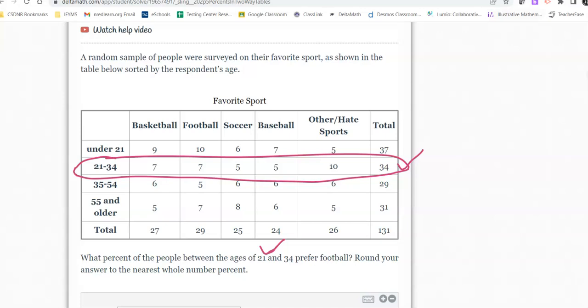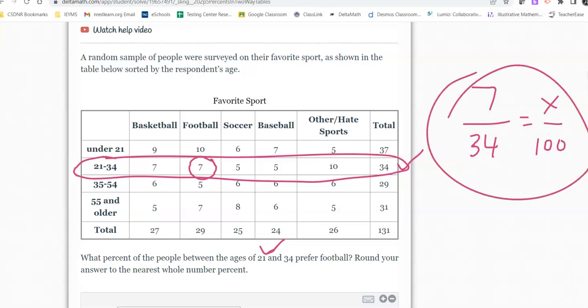So we want this number, football, over this total value of 34, and they're asking us what percent is that. So when you have a proportion, which is what this is, you can state that the cross products are equal.